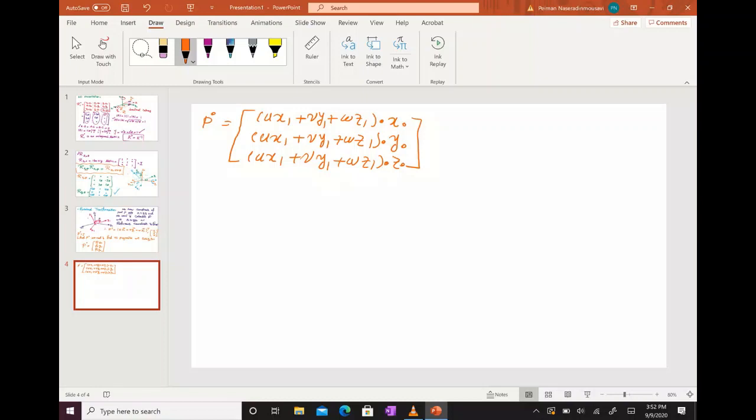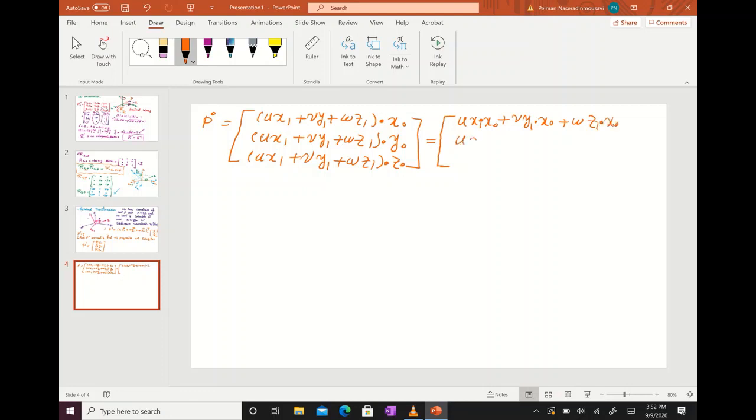If you multiply them inside one by one, you have UX1 inner product X naught, plus VY1 in X naught, plus WZ1 in X naught.